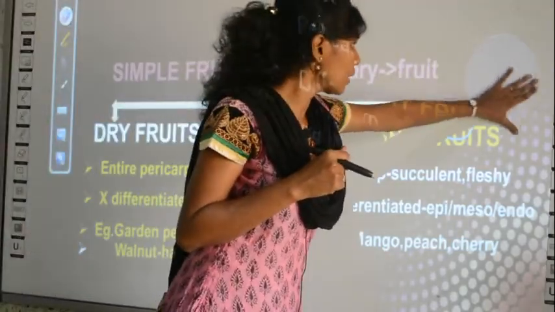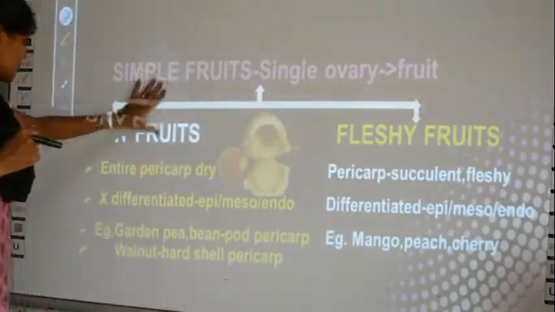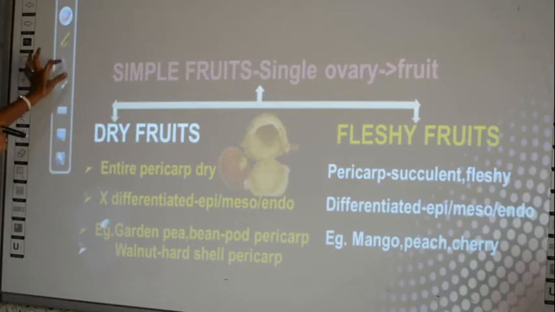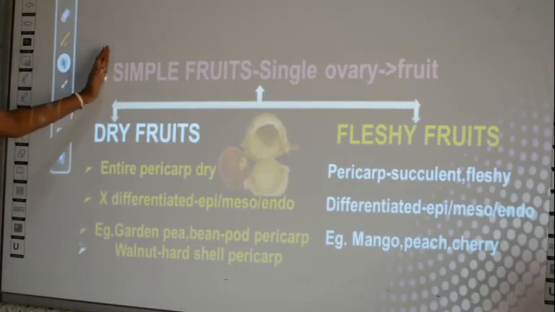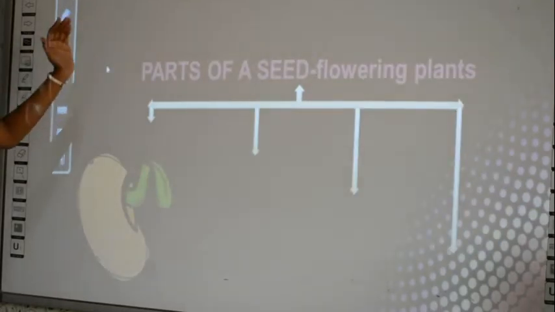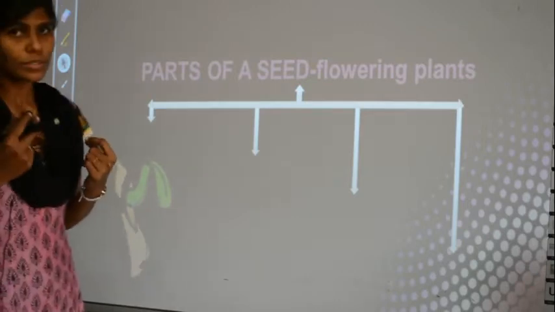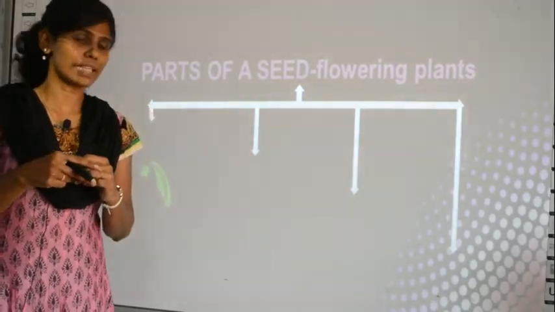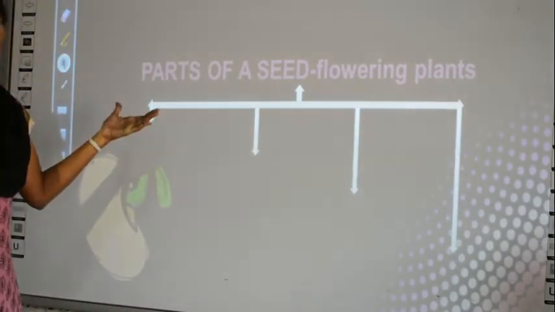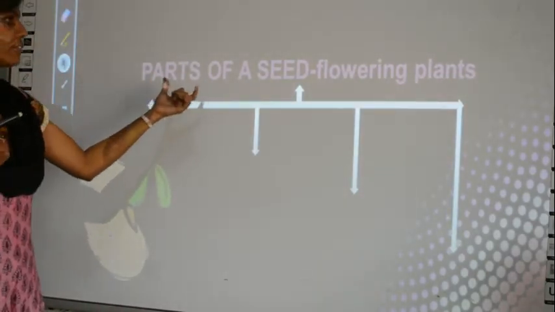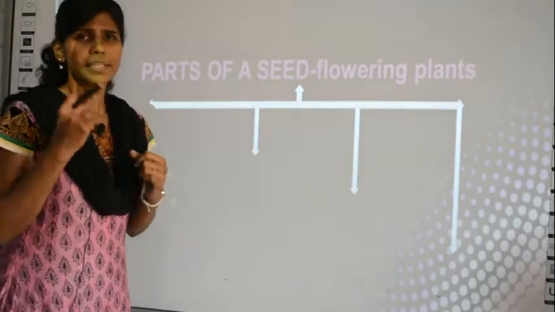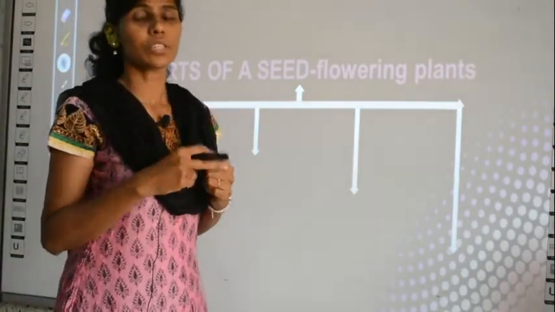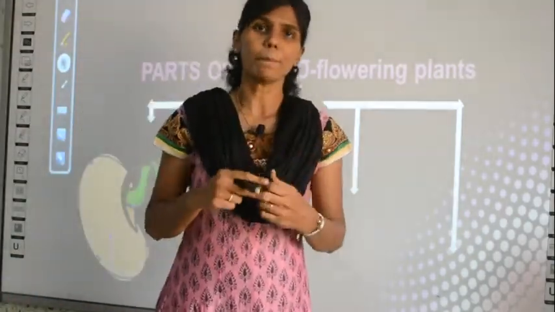Next we learn about the parts of seeds. So the topic itself is about fruits and seeds, right? We have learnt about the fruits in our previous slides, and henceforth we will be learning about the parts of a seed. Usually seeds are characteristic of only flowering plants.